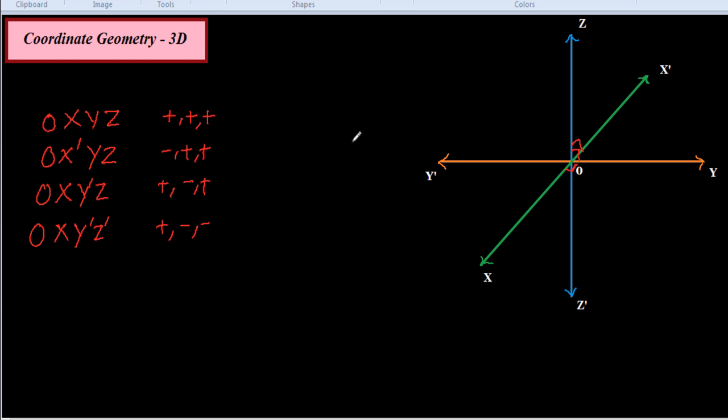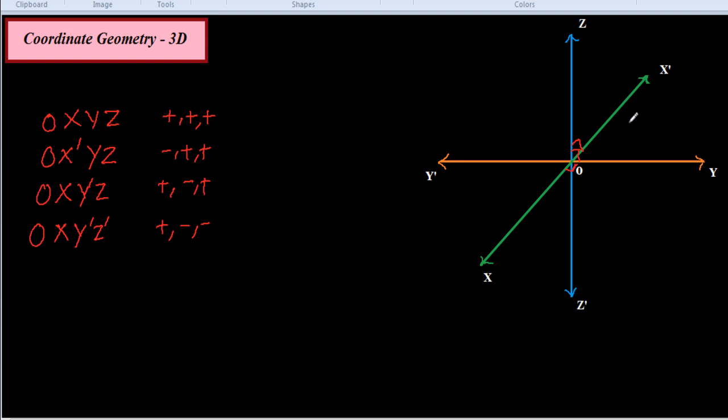First of all, we have studied the distance formula in two dimensions. The distance formula was the square root of x2 minus x1 whole square plus y2 minus y1 whole square.